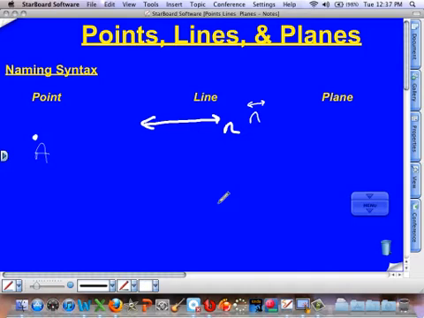Now another way is if you have 2 points on the line, we can then call that a different line. So if I have point A and point B, I could call this line AB.